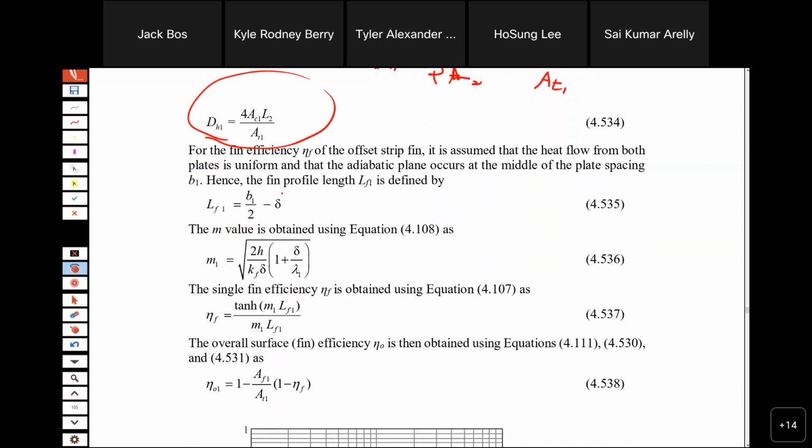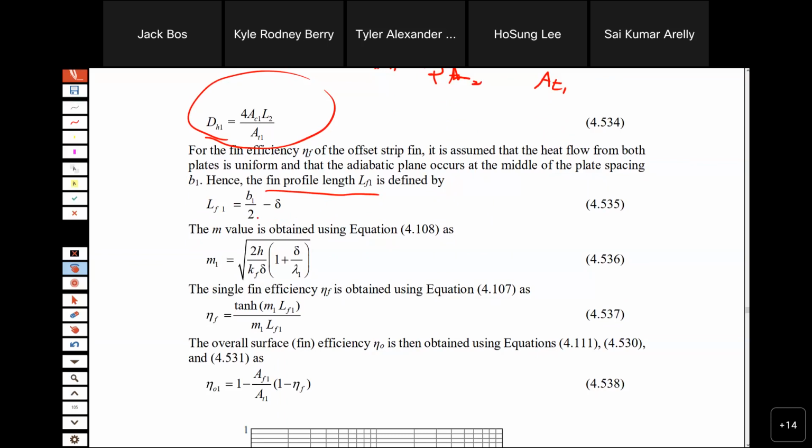And we define fin profile length. The profile length we have to figure out actually.